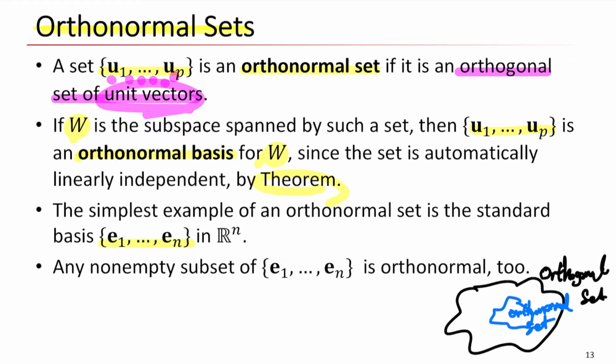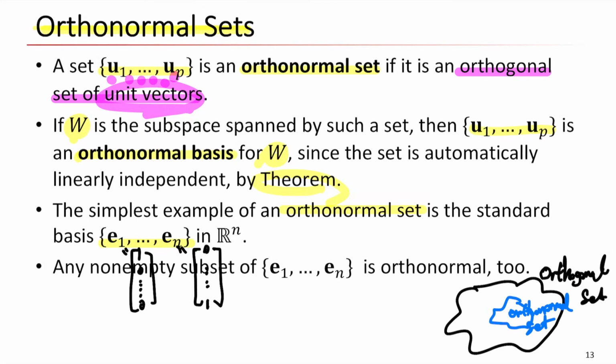So e1 is something like 1 0 0 0 0, and en is 0 0 0 0 1, like this. So this is one example of an orthonormal set.